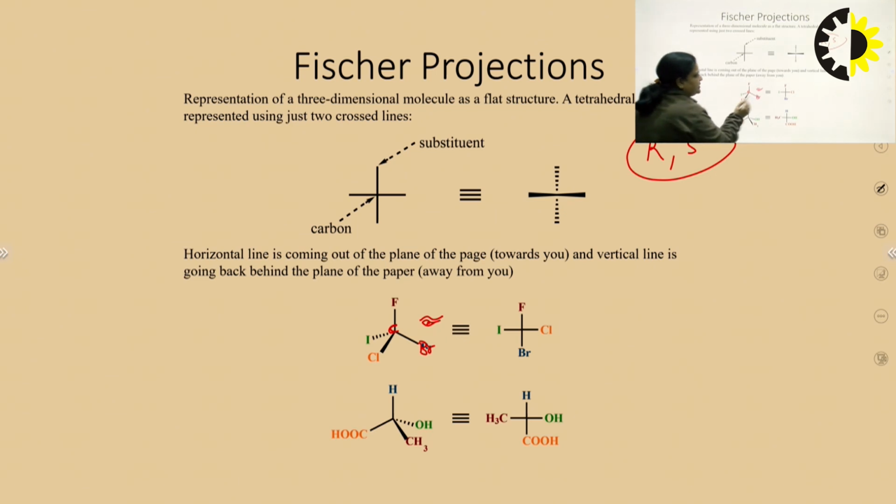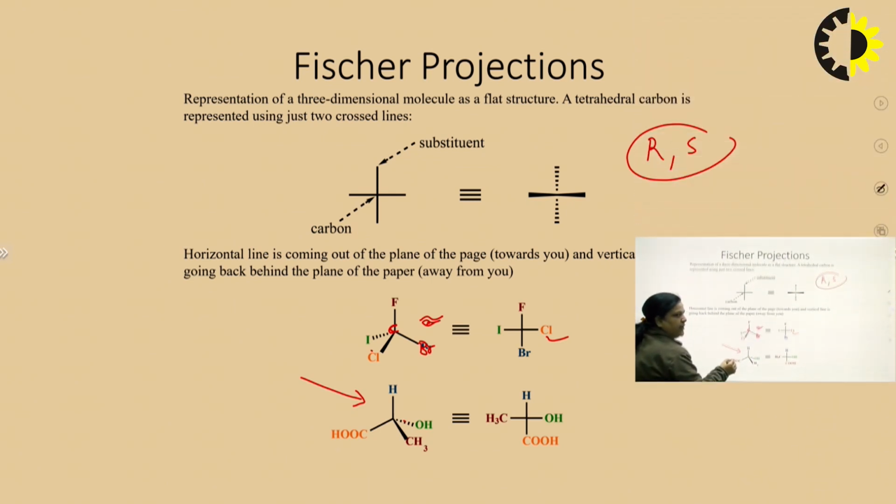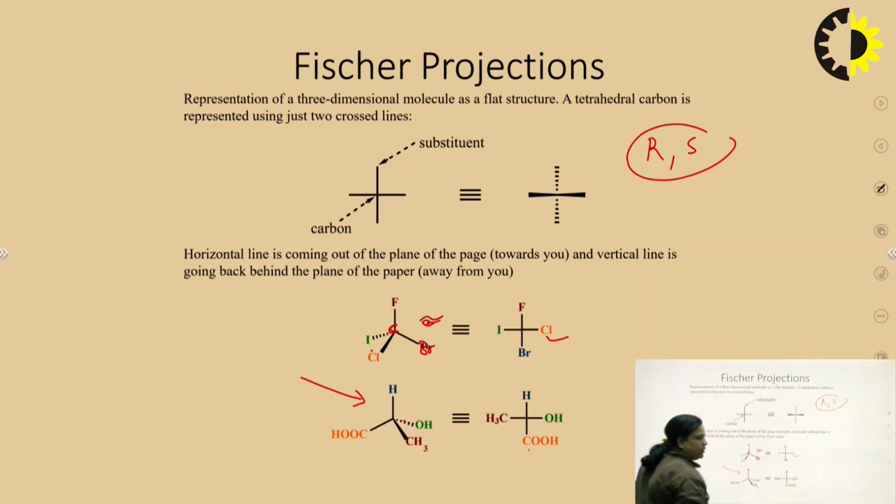So in this case, Cl will go there, I, and fluorine and chlorine we take in a perpendicular line. For example, in this it is clear that the viewer is seeing from this side. So the solid line shows in front of the viewer, and OH is at the rear, back, and H and COOH, which are represented as a simple solid line, are perpendicular to the plane.